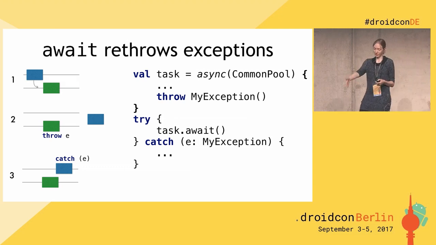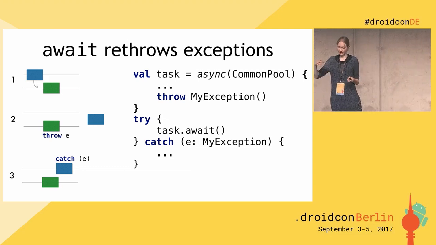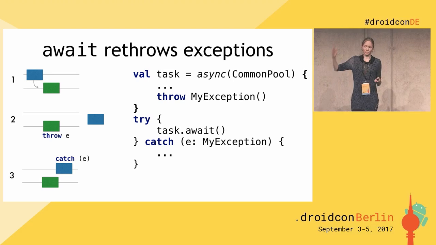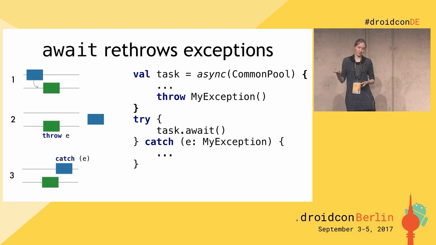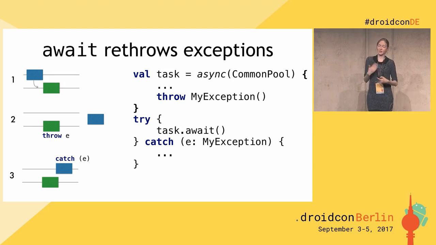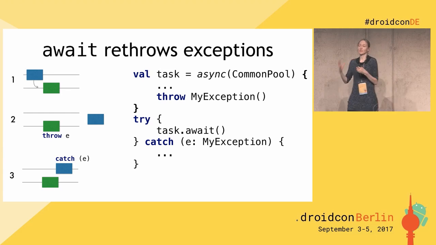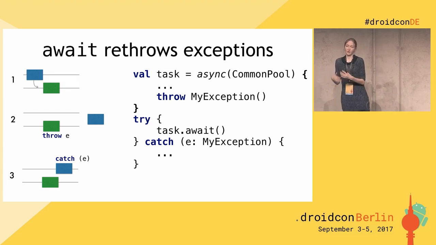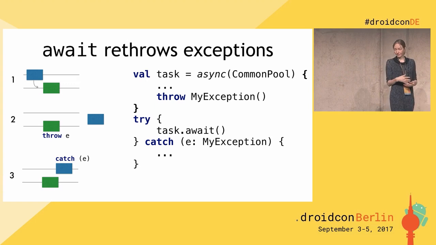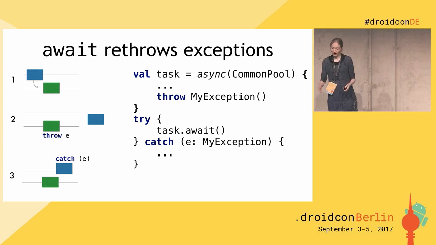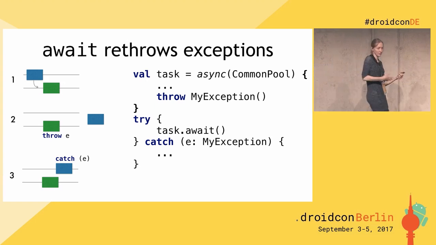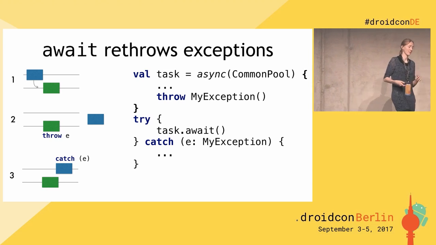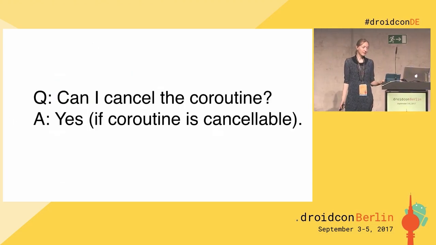So in this example, we throw it in the green coroutine and catch it in the outer coroutine that was suspended, for instance. And now it returns and handles this exception. So you just write your regular code, like you write with threads, without using callbacks and other advanced ways of handling exceptions.